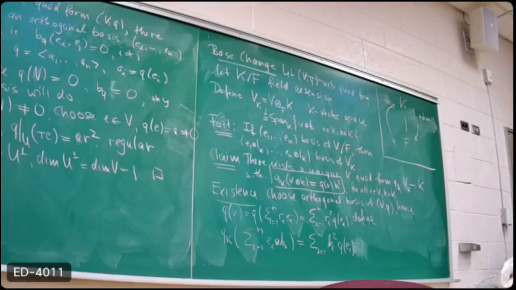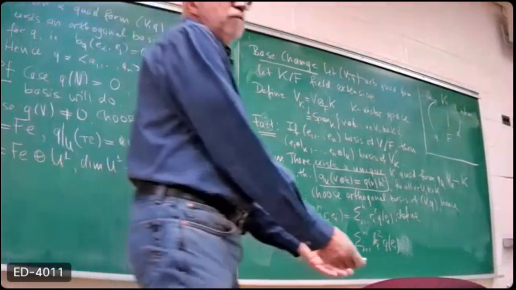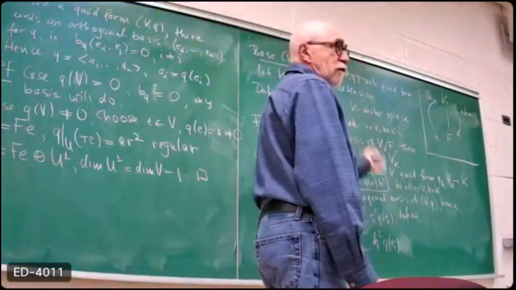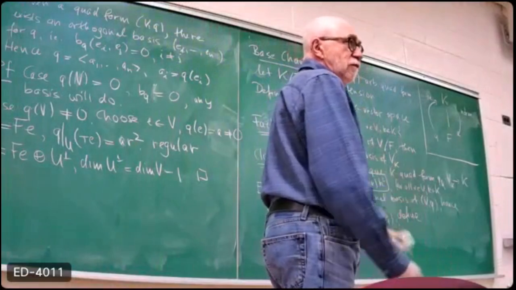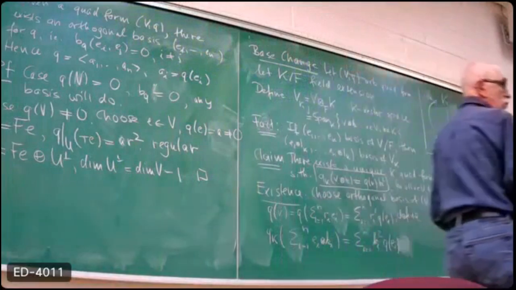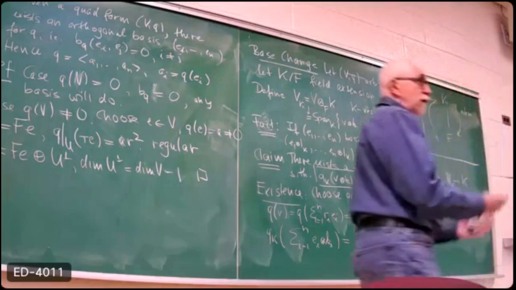For example, you could ask, well, if I have two quadratic forms over F which are isometric, obviously they become isometric upstairs.